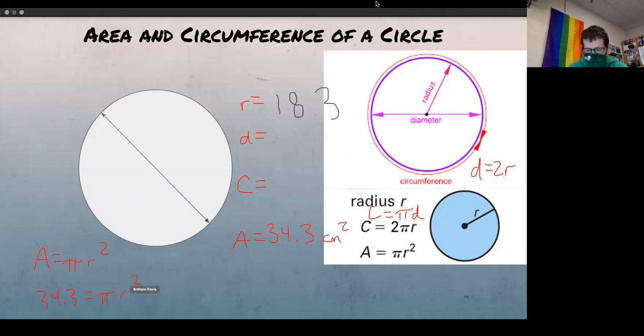We're going to have to do some work here to get that answer, and it will involve doing some square root and other stuff like that. But see if you guys can come up with the answer.